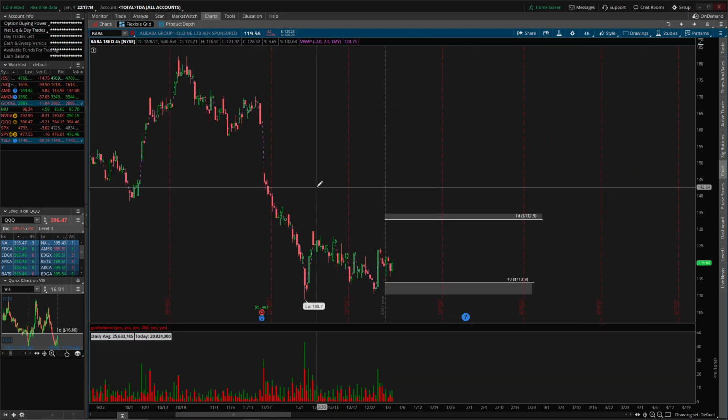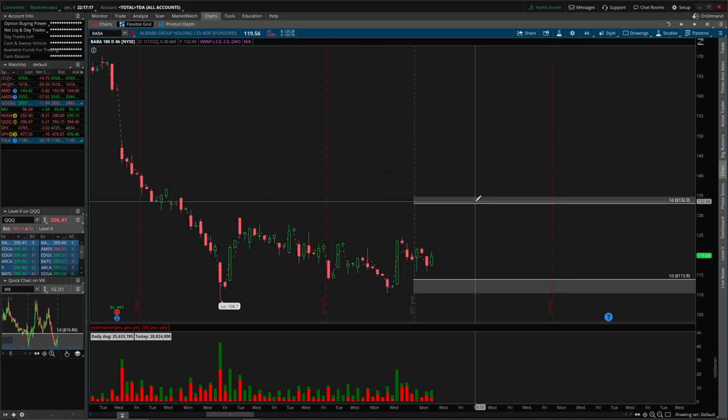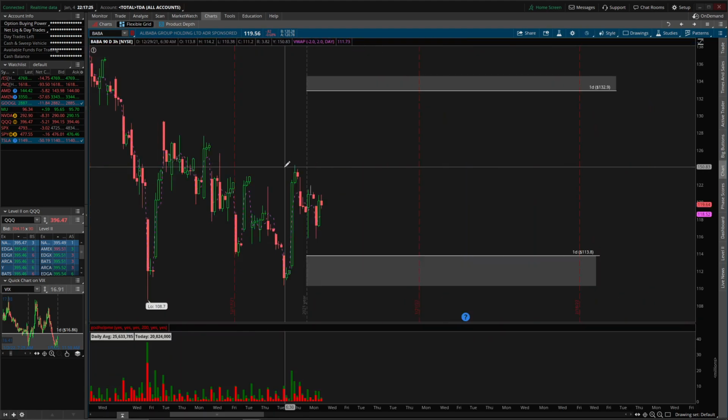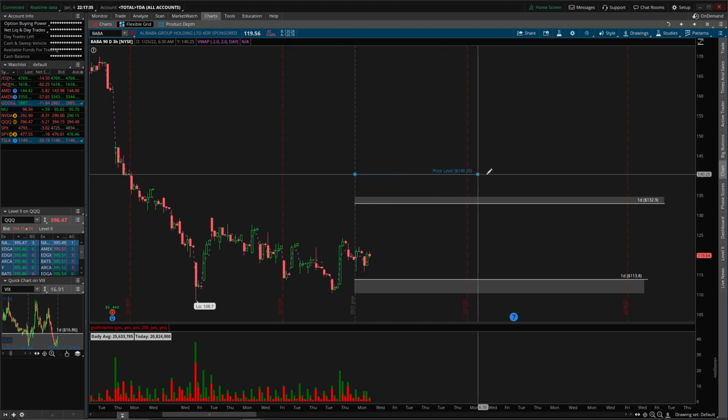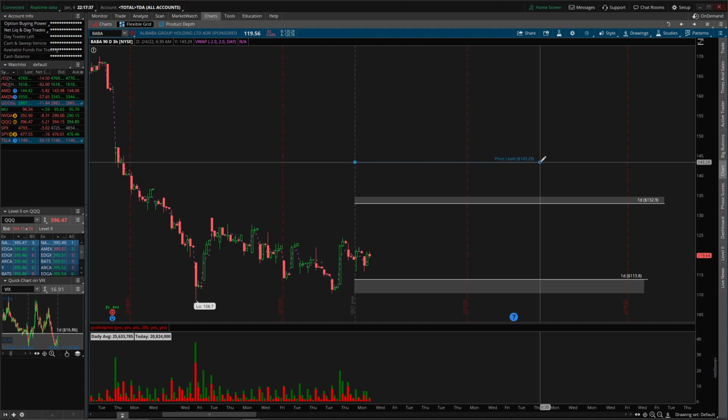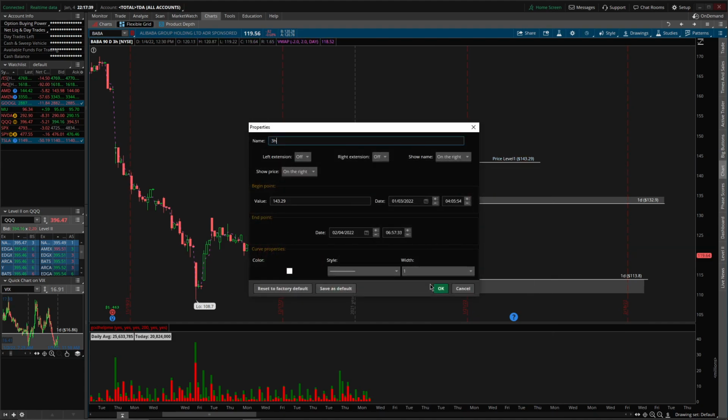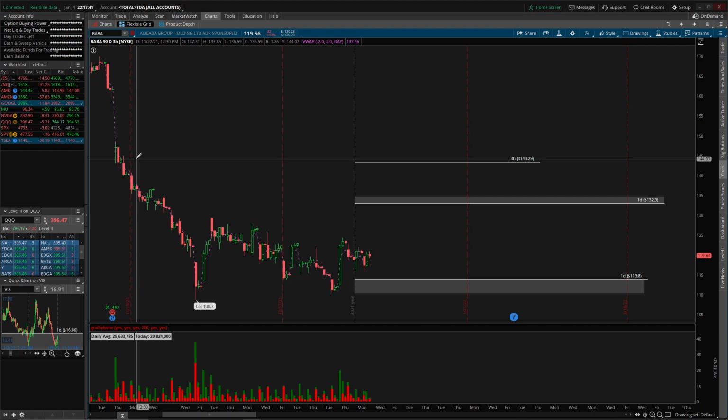Let's try a 4. Nothing really. Let's try a 3. I see some up here, but let's just draw them to show an example. 3. And I got this 3 from this candle right here.